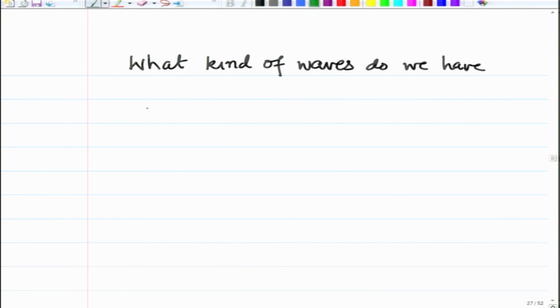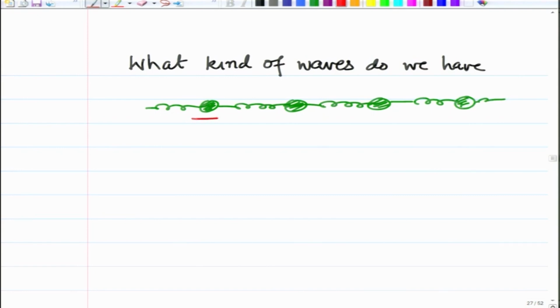So, again looking back at this chain of atoms, I can have these atoms displace in the direction of wave propagation, and this will be a longitudinal wave.